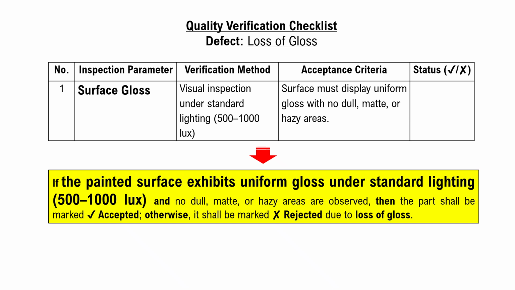If the painted surface exhibits uniform gloss under standard lighting, that is 500 to 1000 lux, and no dull, matte or hazy areas are observed, then the part shall be marked as accepted. Otherwise, it shall be marked as rejected due to loss of gloss. In this test, the surface must display uniform gloss with no dull, matte or hazy areas.